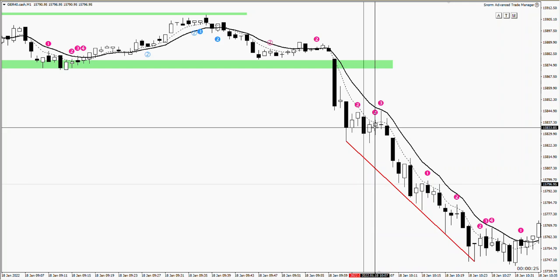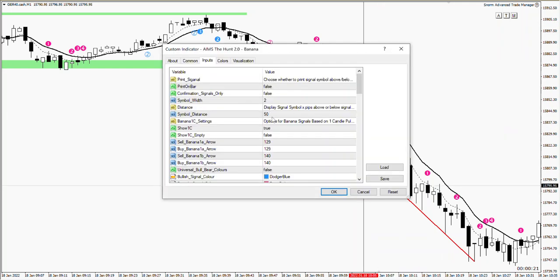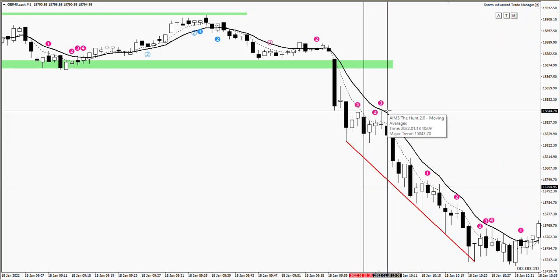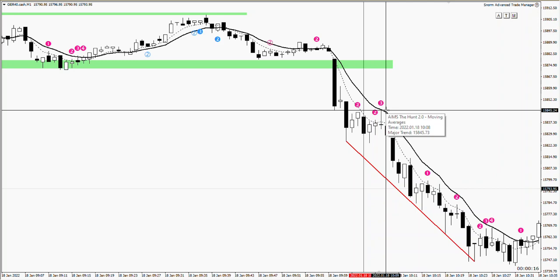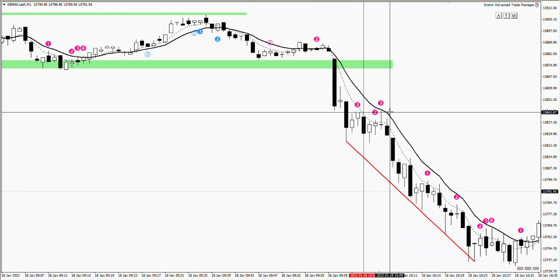I was watching this, and the reason these numbers are away from it is that I gave it a bit of distance so I can show you these levels. As soon as I saw this, this is what we call the two-legged pullback or the PC pattern, ABC, where at the C part of the ABC there is a poke of the previous high.